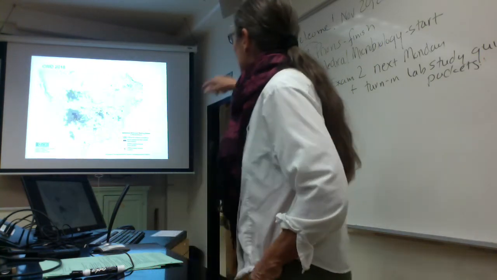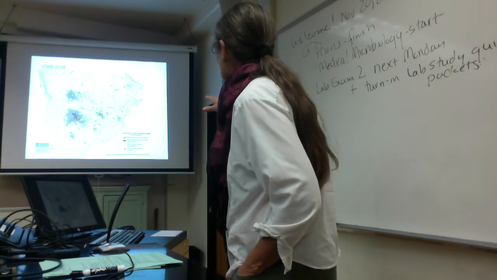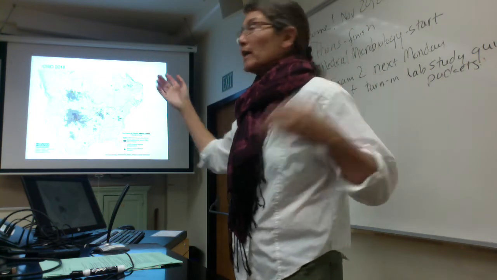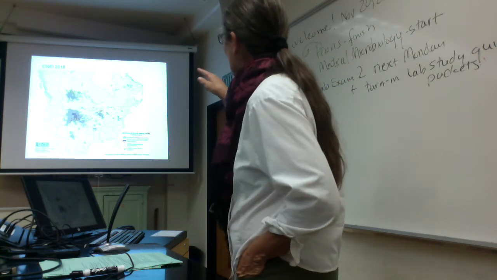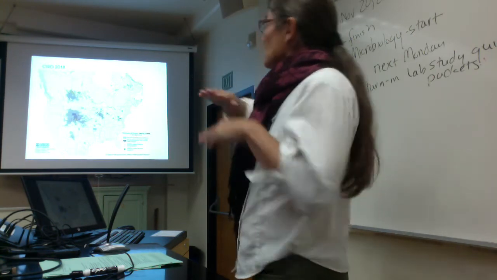And this, you guys, is a map of North America. The gray is chronic wasting disease in free-ranging populations, so wild herds. The darker is known CWD positives prior to 2000, so you can see it's spreading.